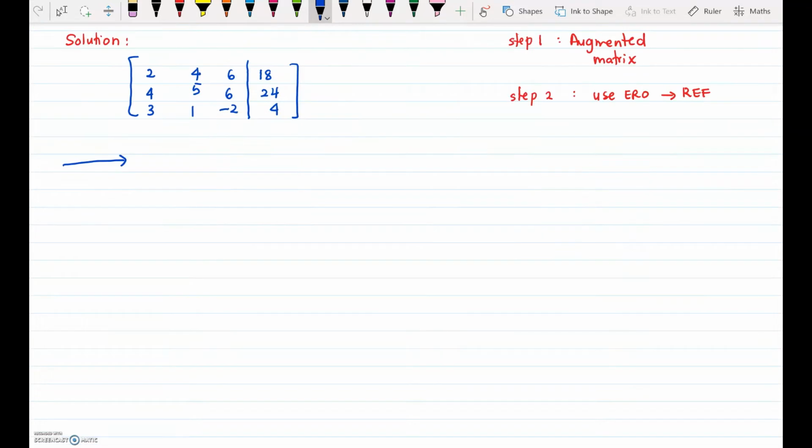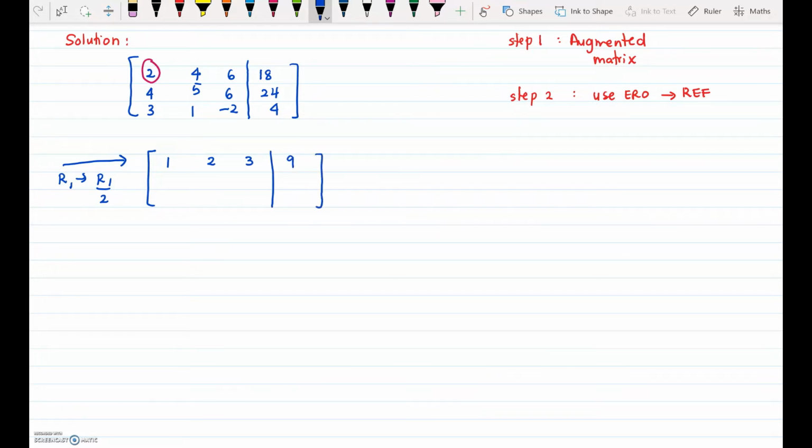Firstly, we want to find the leading one. For the first leading one, we write R1 becomes R1 divided by 2. So we have 1, 4 over 2 is 2, 6 over 2 is 3, 18 over 2 is 9.